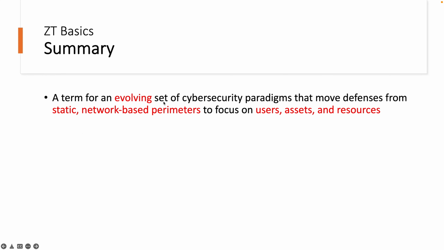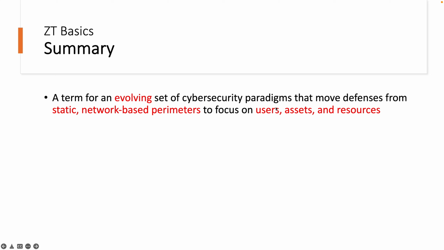So in summary, part 1 and part 2 of the NIST Zero Trust white paper emphasize that zero trust is a term for an evolving set of cybersecurity paradigms. The concept of zero trust is still changing, moving defenses from static network-based perimeters to focus on users, assets, and resources.